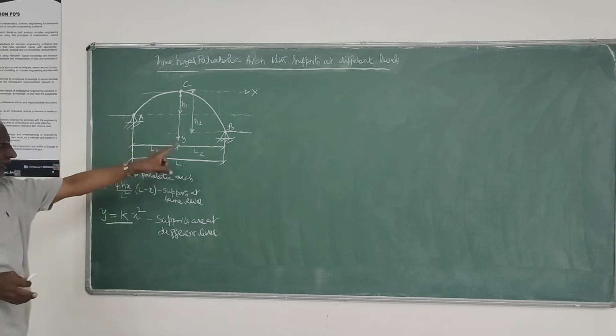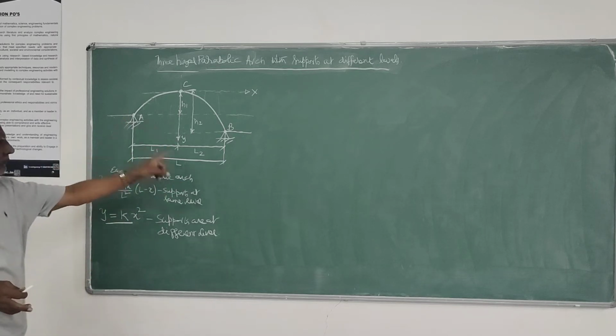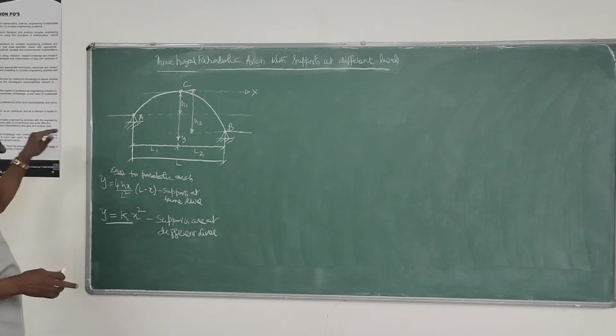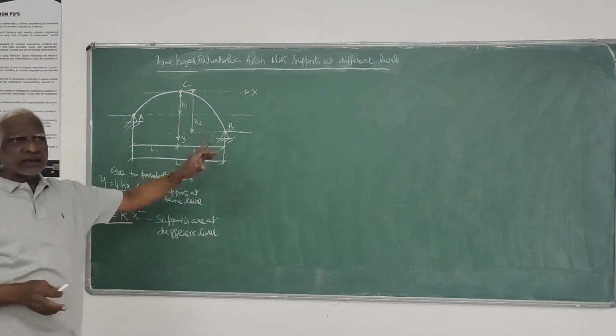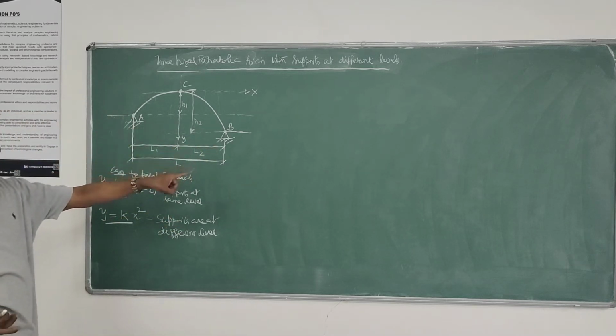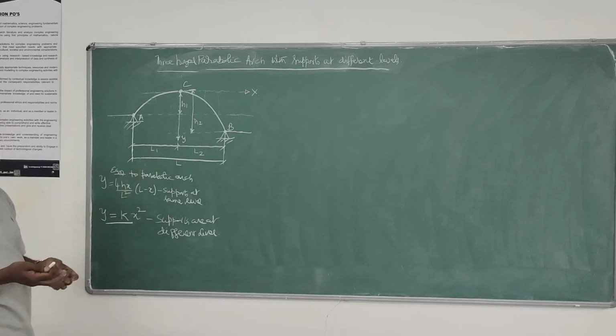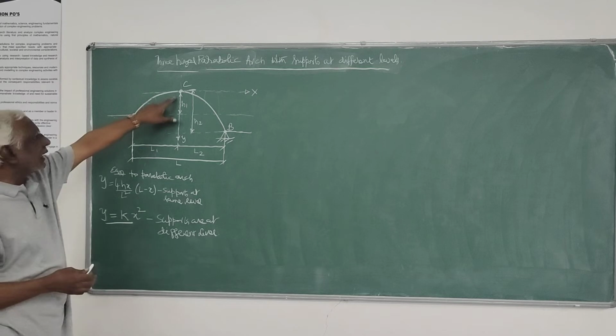For finding the vertical reaction we use sigma V equals 0, that is VA plus VB equals the total load, and sigma H equals 0 will give the horizontal reactions at the two supports. HA will be equal to HB, and you can take it as H.